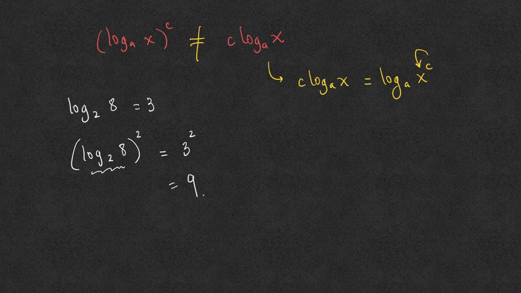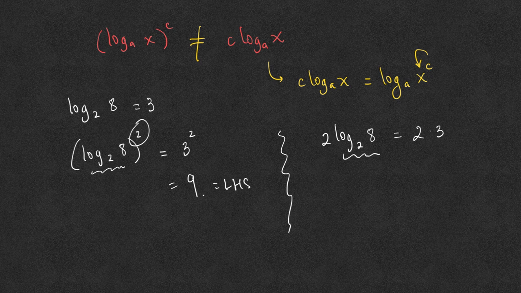But on the right hand side, we have c, which is the exponent that we use there. And so c is 2 times log base 2 of 8. We know that log base 2 of 8 is 3. And so 2 times 3 is 6. And so the left hand side is not the same as the right hand side.